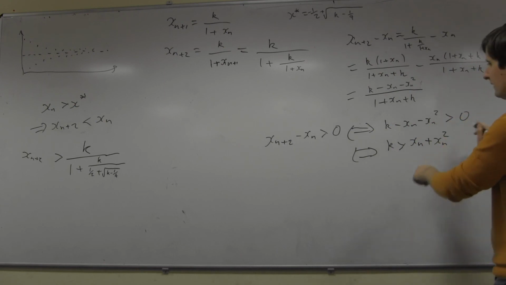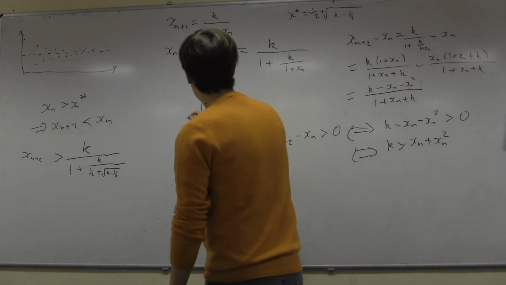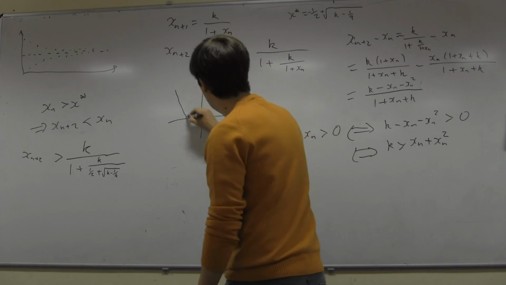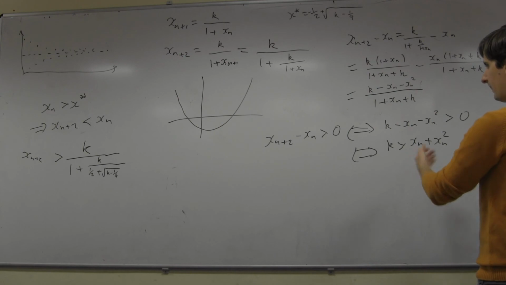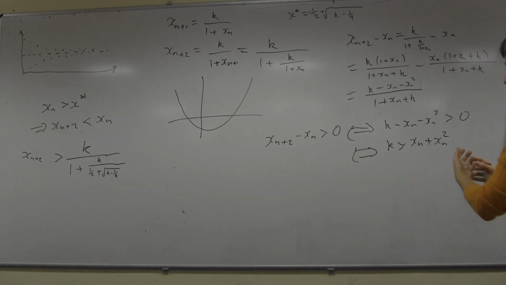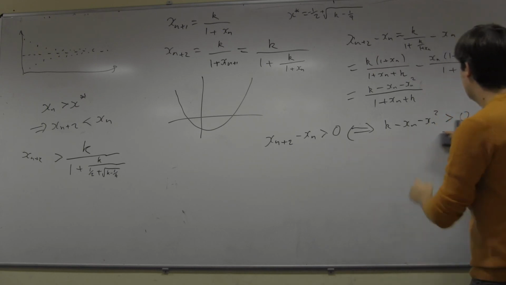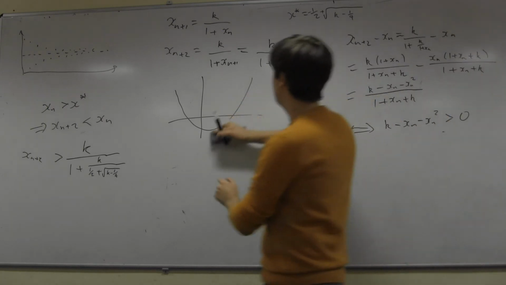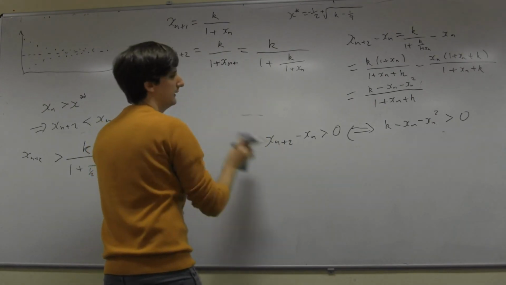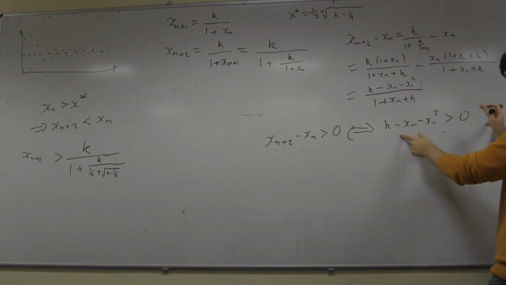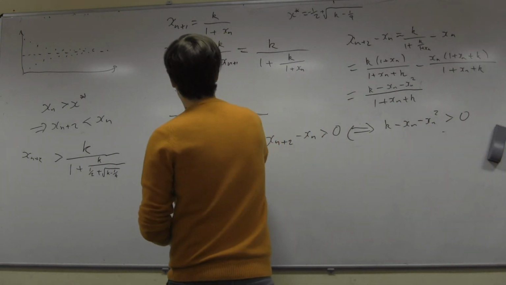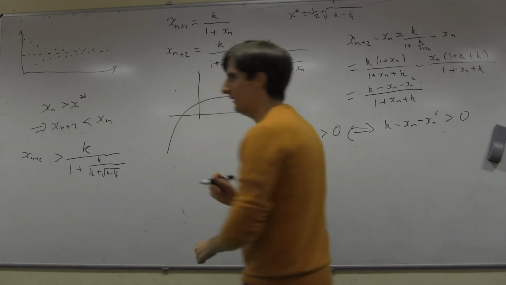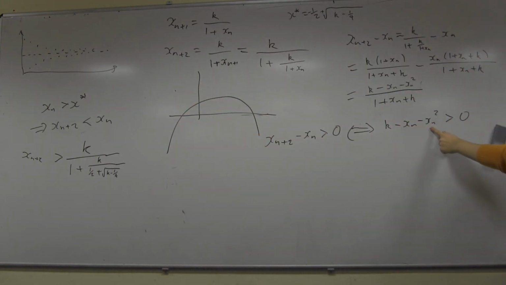And this is a quadratic, right? So the quadratic is going to look something like that. It's got a positive solution. This quadratic is the quadratic we had before, the same. It's decreasing because we've got a minus xn squared term.